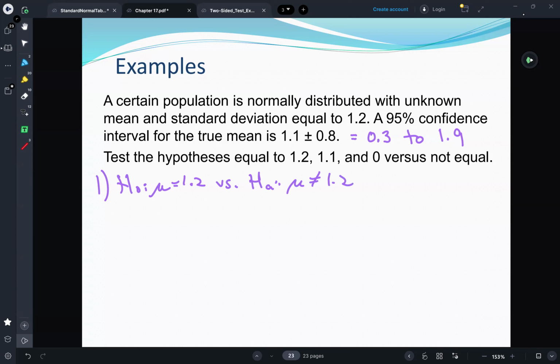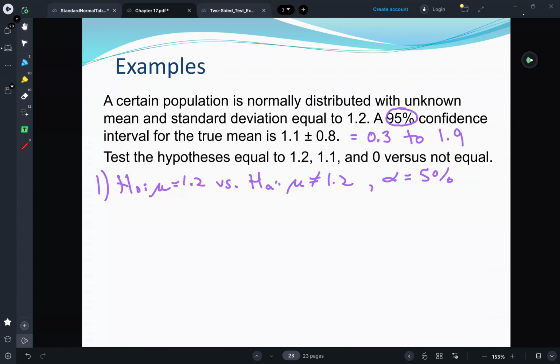And this is going to be a 95% confidence level, so alpha must equal 5%. So what would you conclude? We don't need to calculate a test statistic. We don't need to get a p-value. We can jump straight to the conclusion using that confidence interval.